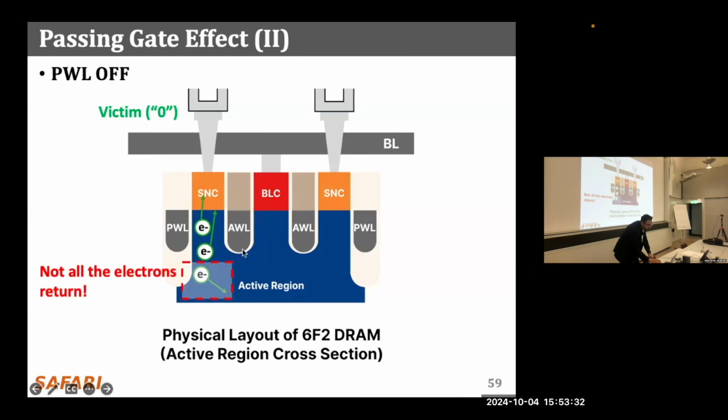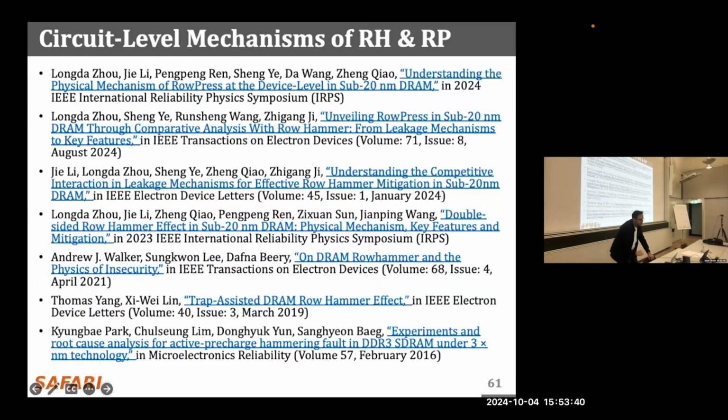Of course, this kind of study requires more understanding. There are several groups that do physics simulations by modeling all this circuitry, and they observe which electron is going where essentially, and they measure all the exacerbated charge leakage as a result of that, and try to understand. I will show you the list of papers again. I encourage you to take a look at them. We have some limited understanding today.